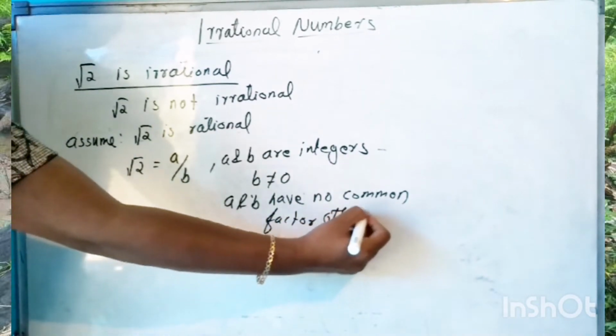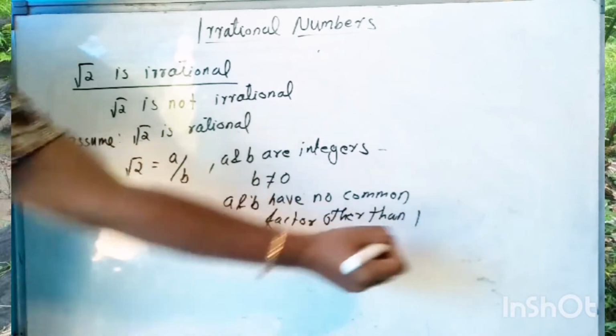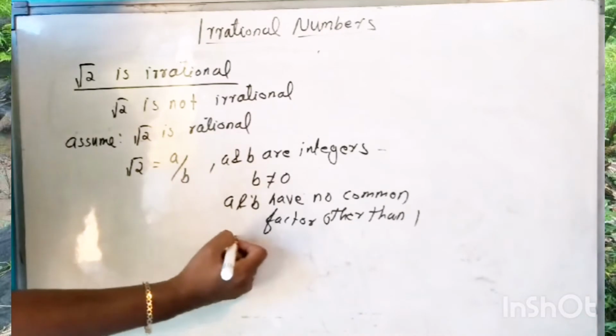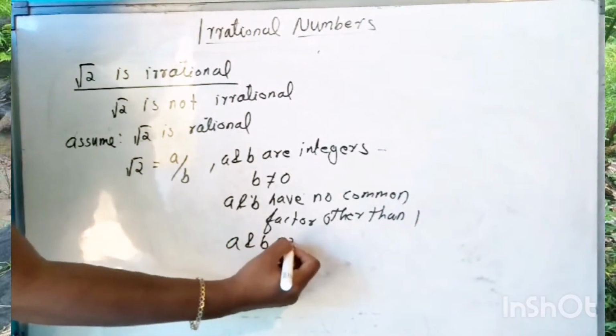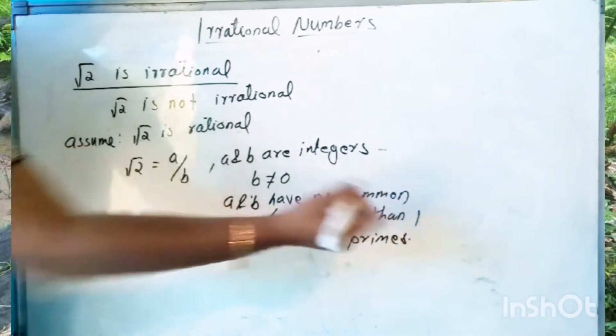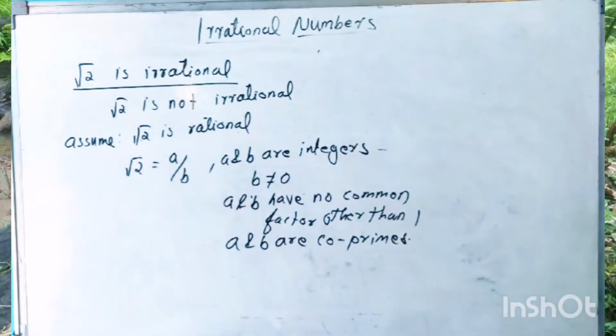If A and B have no common factor other than 1, then we can say that A and B are co-primes.